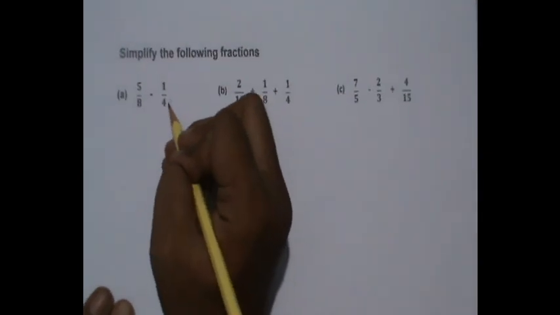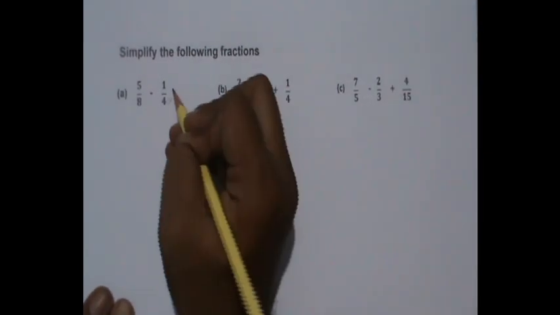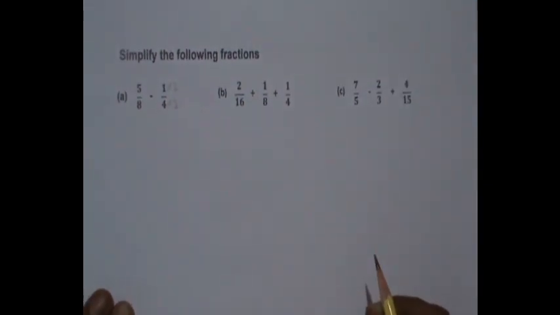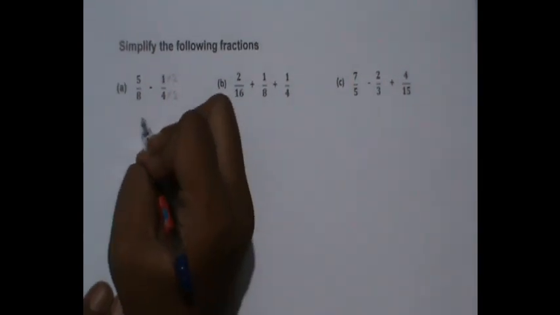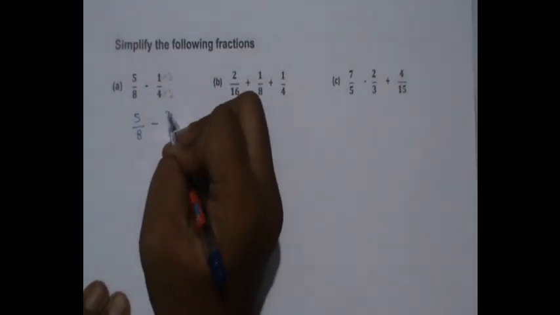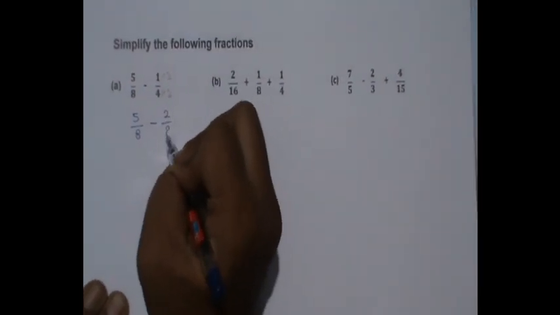You have to multiply this 4 by 2, this one. Okay, now you can write 5/8 minus 2 divided by 8.